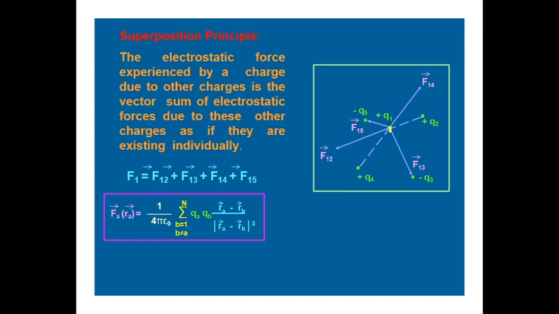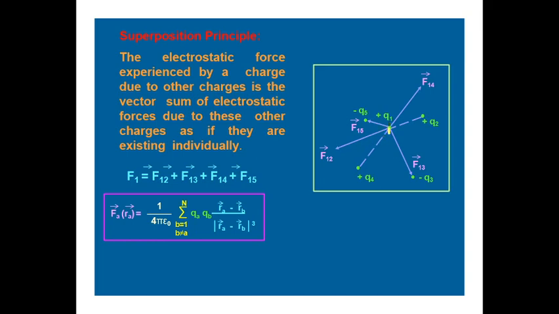So the force experienced by Q1 due to Q2, this is a positive charge, so it is away from this charge. It is denoted F12, the force experienced by Q1 due to the second charge. So this is positive, it is in the outward direction.